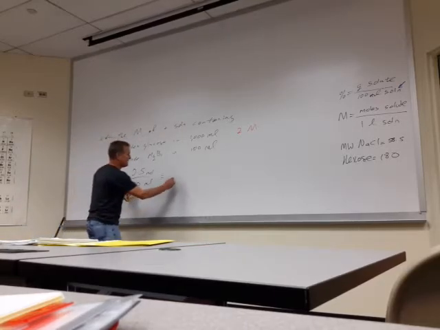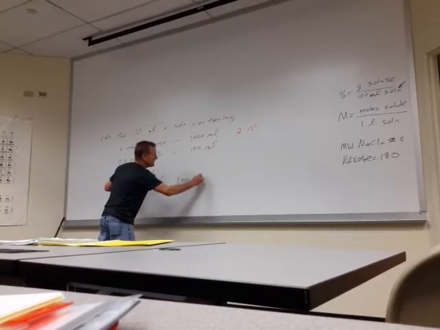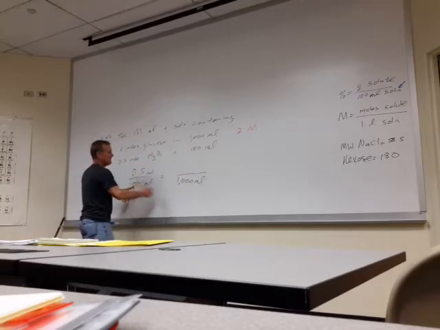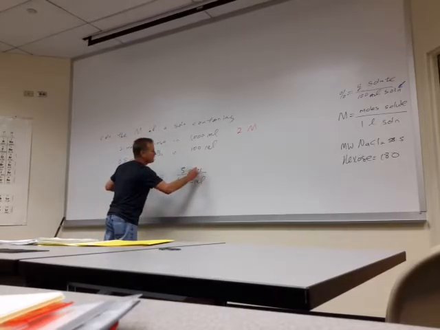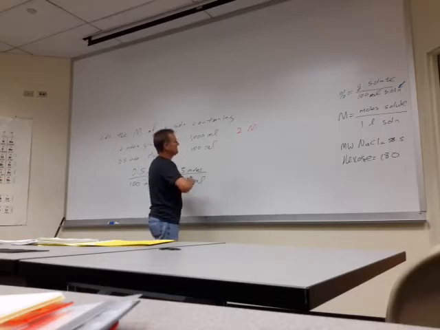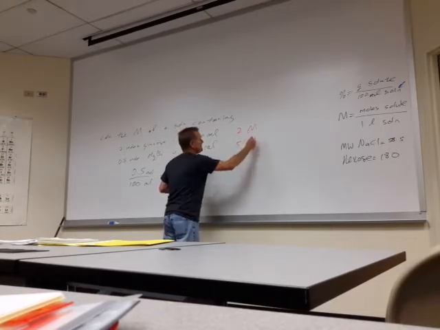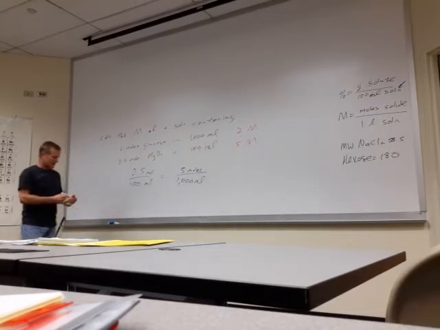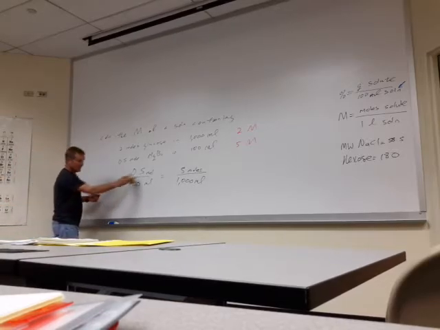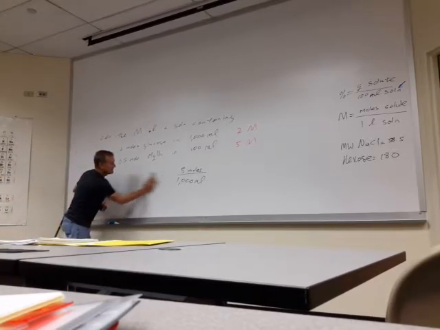In other words, 100 times 10 gets me to a liter. So I have to multiply the top by 10, so I have 5. Two fourths equals 1/2. That's all this is.